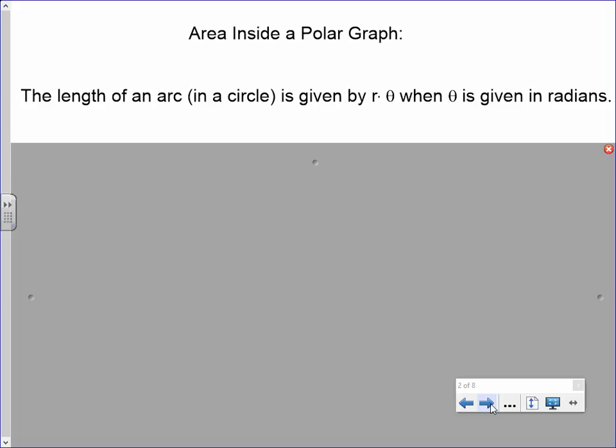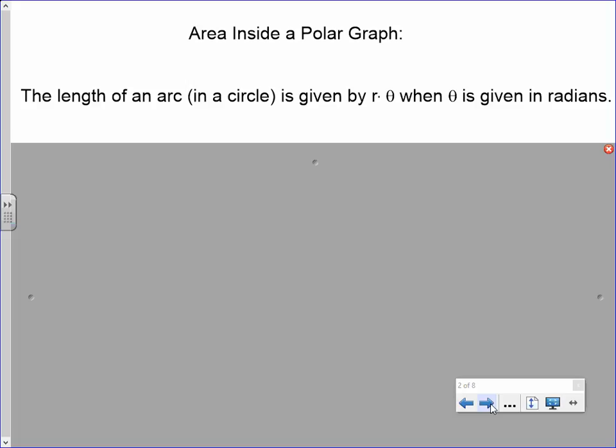Okay, today we're going to talk about area. Polar area. The length of an arc in a circle is given by r times theta when theta is in radians.